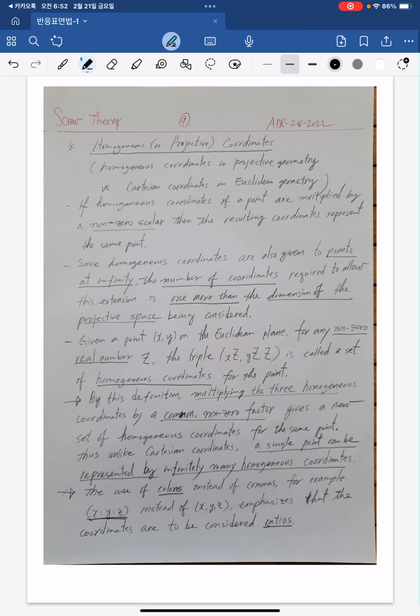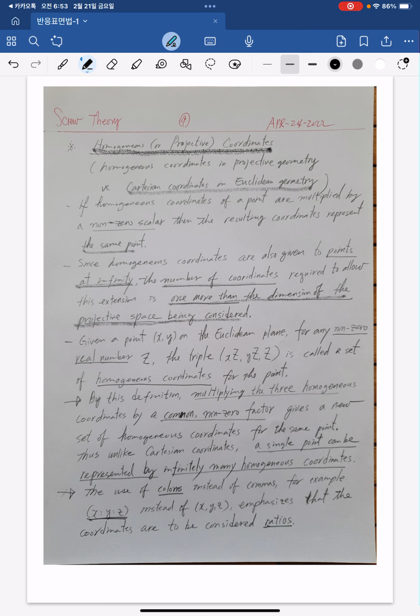Homogeneous or projective coordinates: homogeneous coordinates in projective geometry versus Cartesian coordinates in Euclidean space. If the homogeneous coordinates of a point are multiplied by a non-zero scalar, the resulting coordinates represent the same point. Since homogeneous coordinates also give points at infinity, the number of coordinates required to allow this extension is one more than the dimension of the projective space being considered.